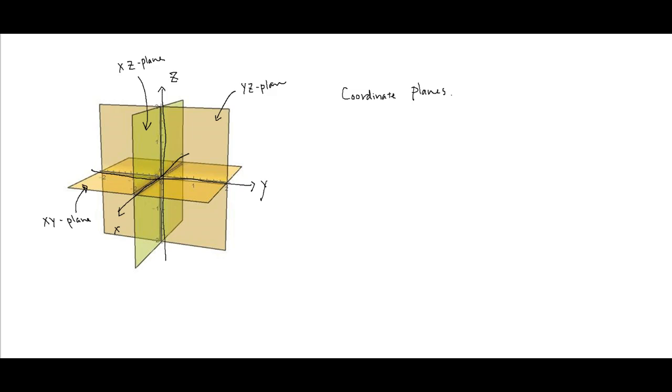Now I want to make some comparison between the three-dimensional and the two-dimensional space that we were used to. In 2D, when we draw the X and the Y axis like this, you can see that these two axes divide the two-dimensional space into 4 separate regions, right?